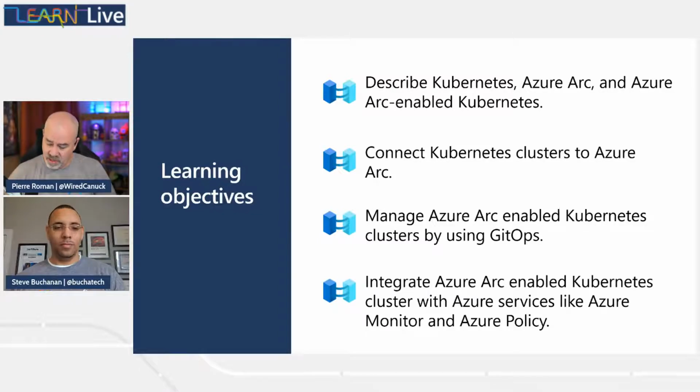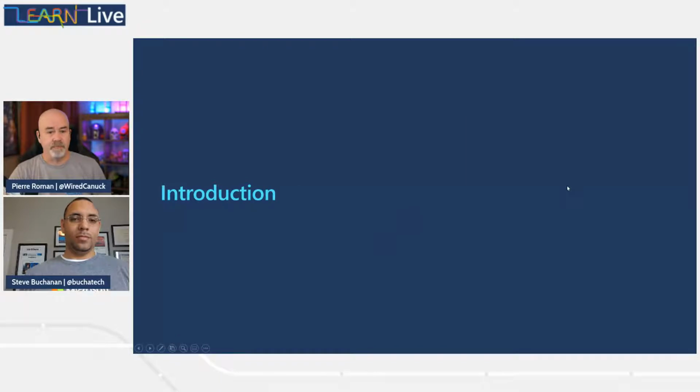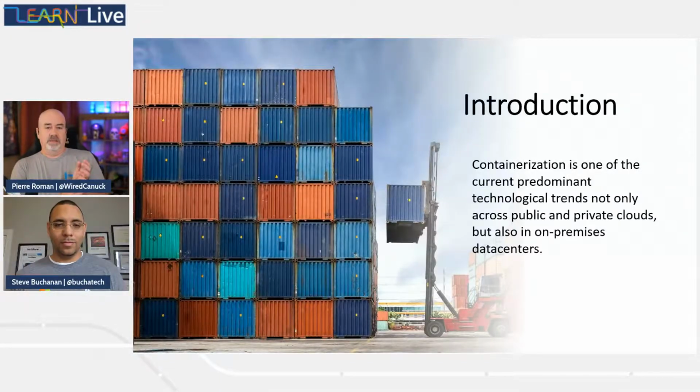Let's jump into the intro. Containerization is one of those things right now that is a big portion of the trending. Containers, Kubernetes, Docker, any of those containerized solutions help with scale, help with management, help with redundancy, help with all kinds of different things across public and private cloud.